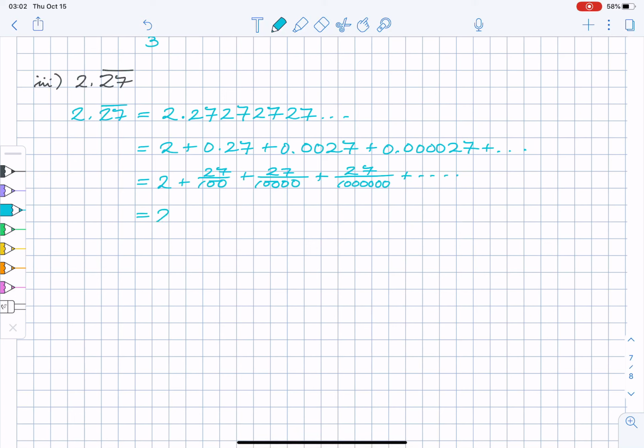So I claim that this is 2 plus, I'm going to factor out a 27 over 100 from all terms not equal to 2.